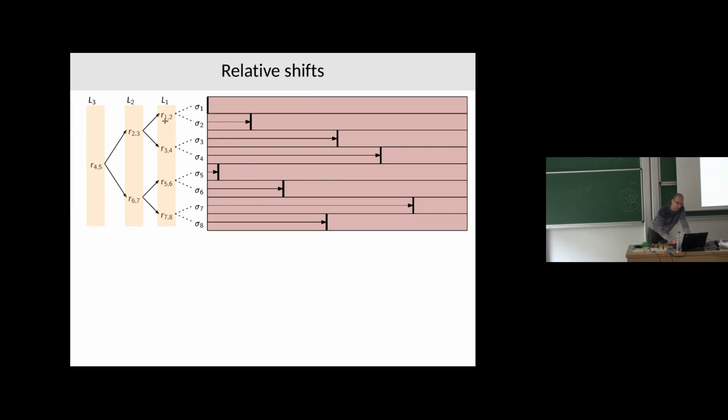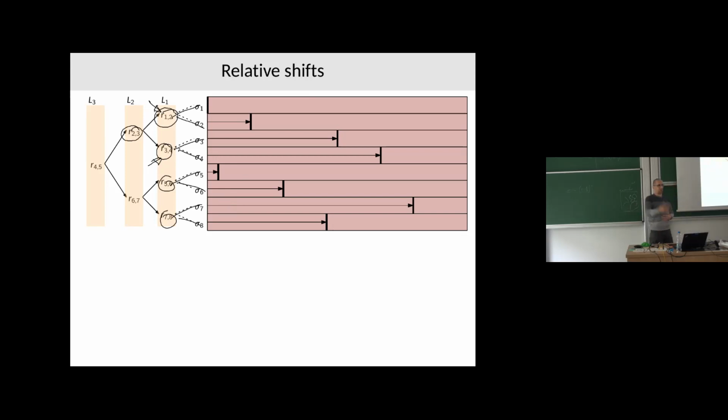We are going to represent this sequence of shifts in this tree by relative shifts. This value here corresponds to the relative shift between row 1 and row 2. This corresponds to the relative shift between row 3 and row 4, and so on. Then we go to the next layer. It's R23. It represents the relative shift between those two shifted rows and those two shifted rows.